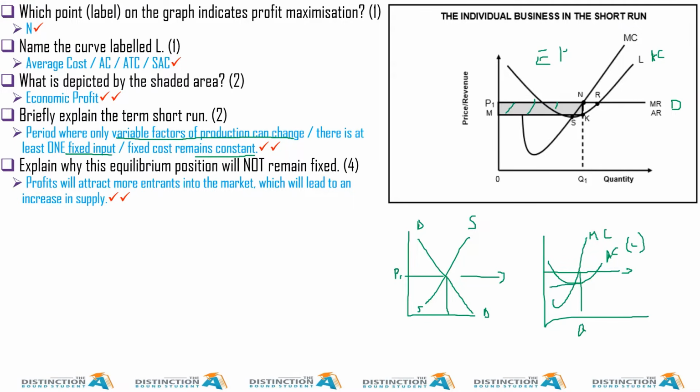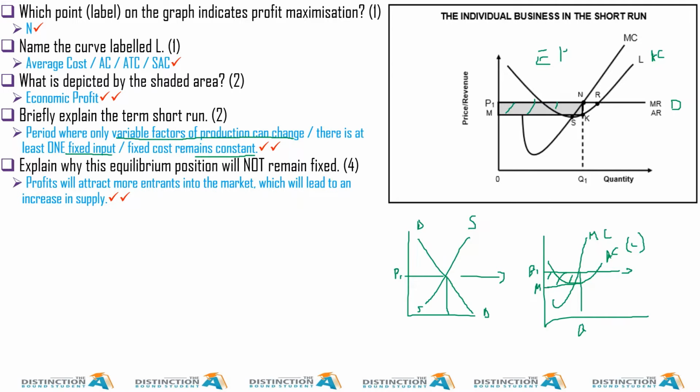All right, so this firm is making this economic profit. Here they say it's P1, here they say it's M, whatever these prices represent. Now this economic profit that individual firms are making attracts firms into the industry.